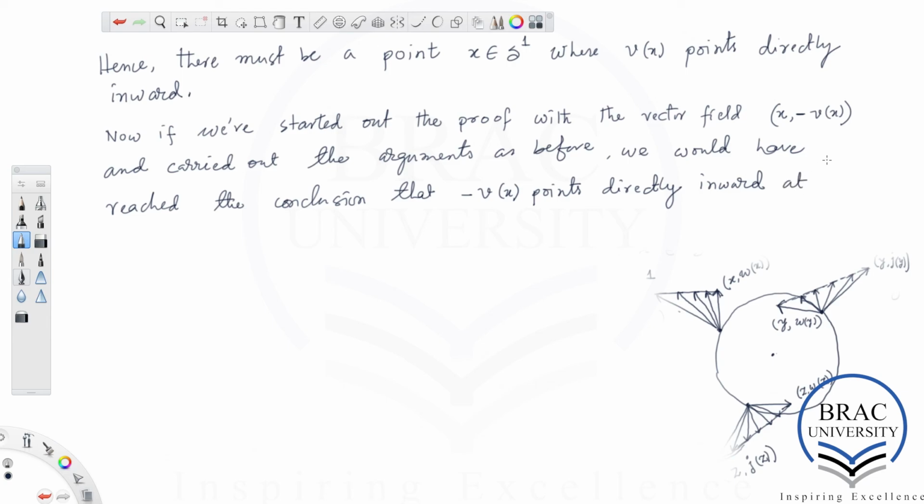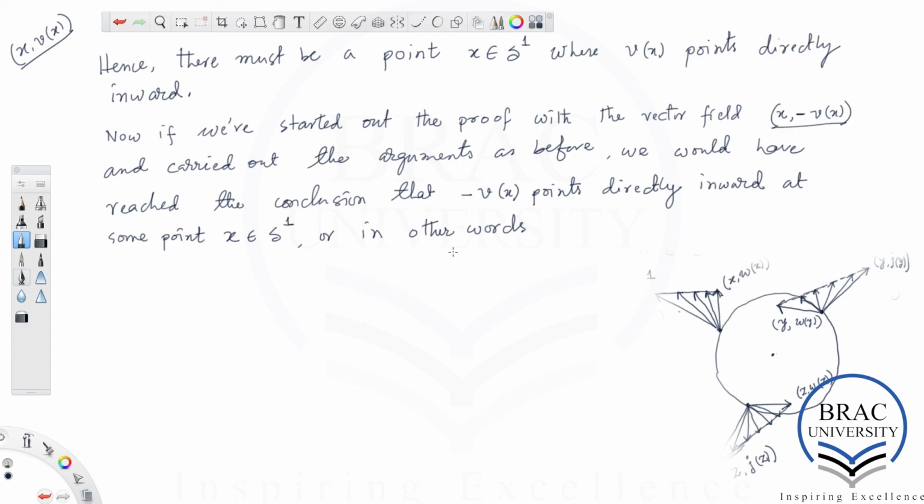At some point x in S1. Or in other words, we have to translate what we have found in terms of our original vector field x comma v of x, because we cannot change the vector field. The conclusion that we reached here is with reference to the other vector field.